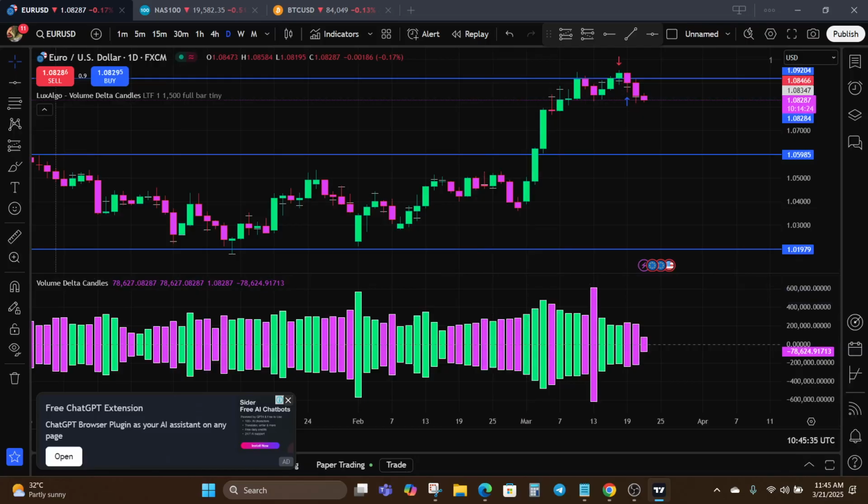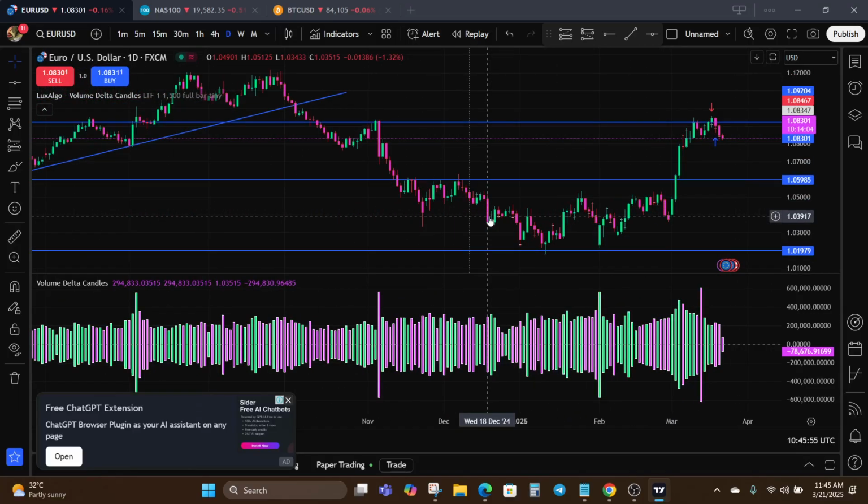Then for reversal identification, if price hits a resistance level and you see increasing red delta, or purple coloring in this case, then it means that sellers are stepping in, signaling a potential reversal. Then in terms of breakout validation, if price is breaking out of a key level, just check if volume delta is also increasing.